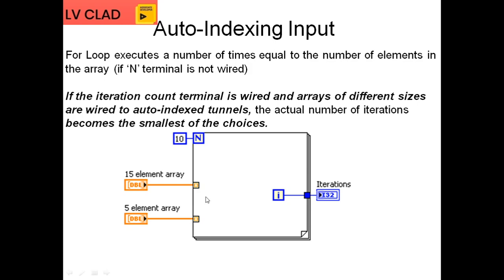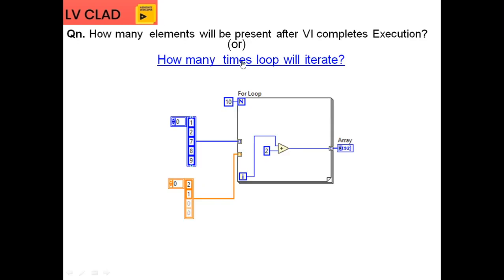As I mentioned in the slide, a 15 element array is available and a 5 element array is available, and N is also wired with 10. When we have these types of inputs in the For Loop, whichever is the minimum decides it. Minimum refers to the size of the array, which is 5 elements, so the loop will execute the minimum count alone. You can understand this with the help of hands-on.